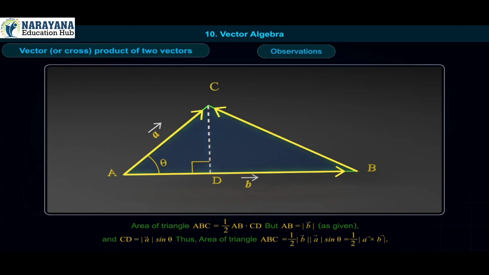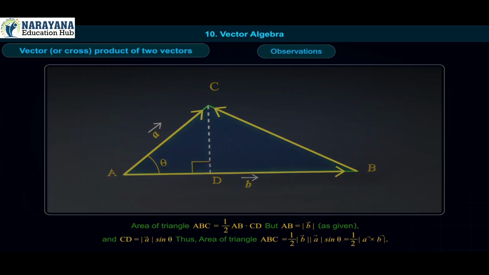But AB is equal to modulus of vector B as given, and CD is equal to modulus of vector A sin theta. Thus, area of triangle ABC is equal to 1/2 modulus of vector B into modulus of vector A sin theta, which is equal to 1/2 modulus of vector A × vector B.